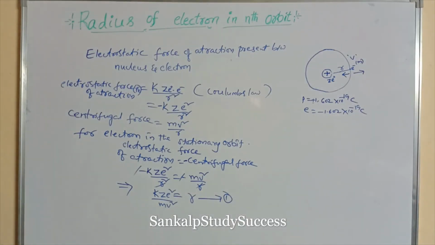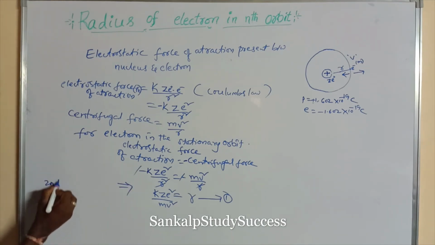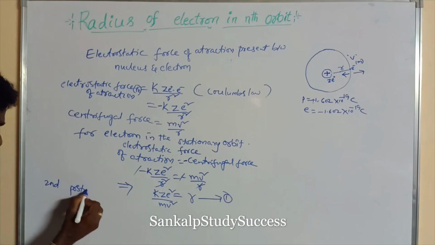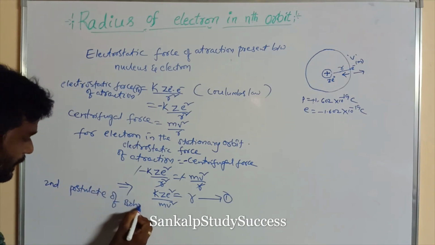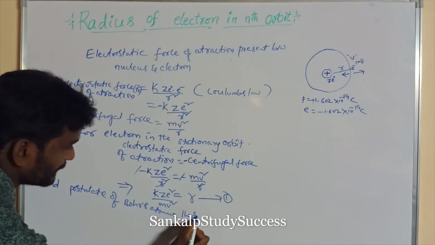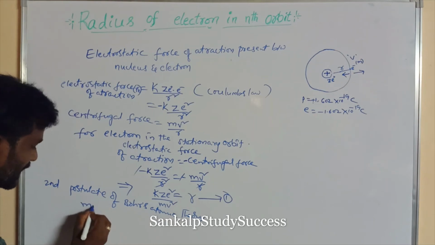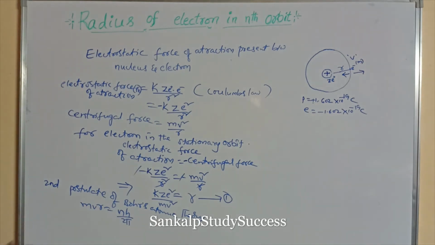Now, according to the second postulate of Bohr's atomic theory, mvr is equal to nh by 2 pi. What is the second postulate?